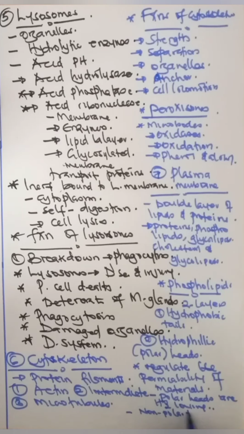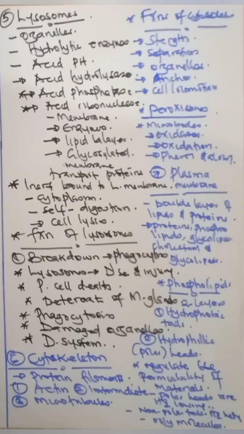Because they are water hating or fearing, they are not attracted to water, but they are highly permeable to what we call oily molecules. For example, the fatty acids.